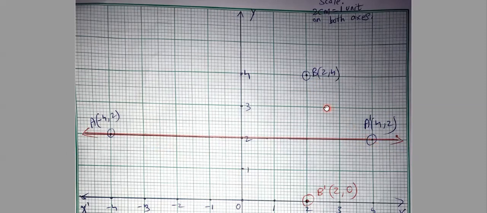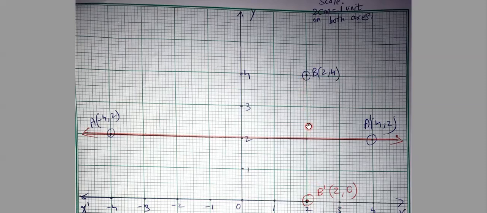Okay. Now see here, it's a basic principle of science. If you consider this red line as a mirror, the distance of an object from the mirror is always the same as the distance of the image from the mirror.